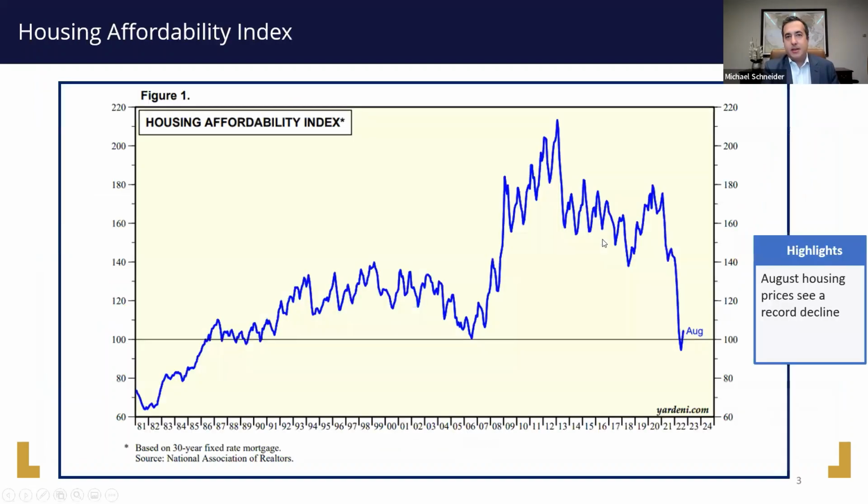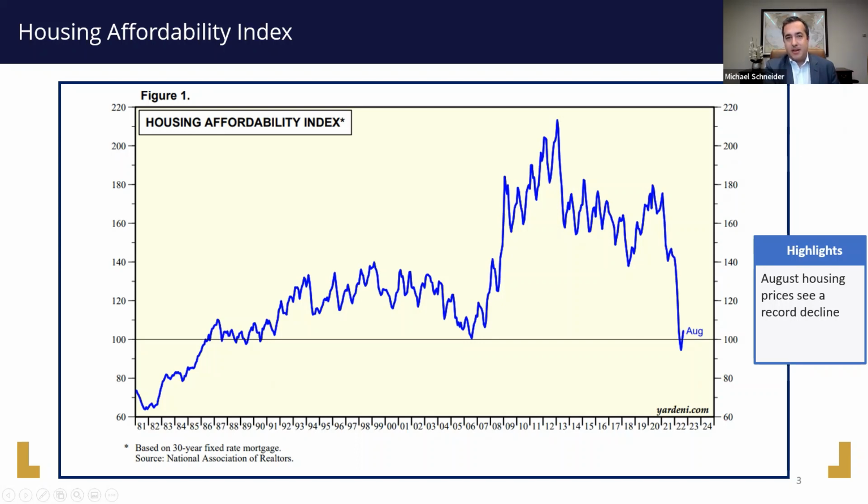When you look at the CPI components, shelter and housing make up about a third of that. What we've seen lately, at least from the Fed's perspective, is that the housing data they're looking at is very, very old. We just had the housing prices come out for August, and they were down a record amount.